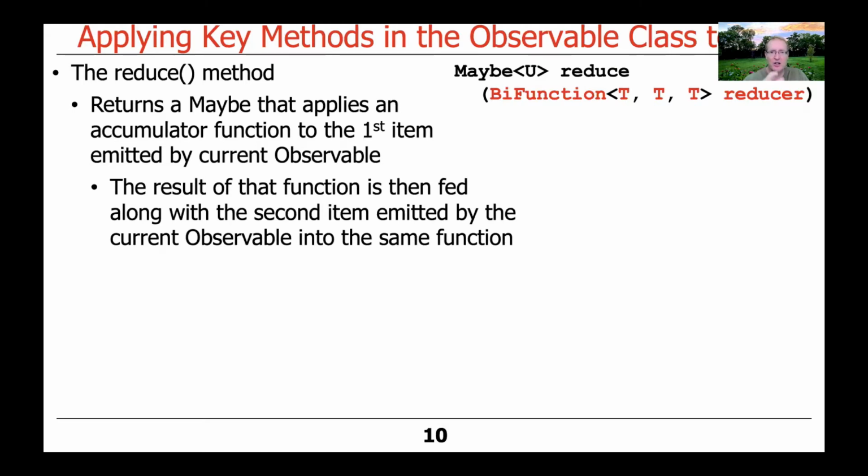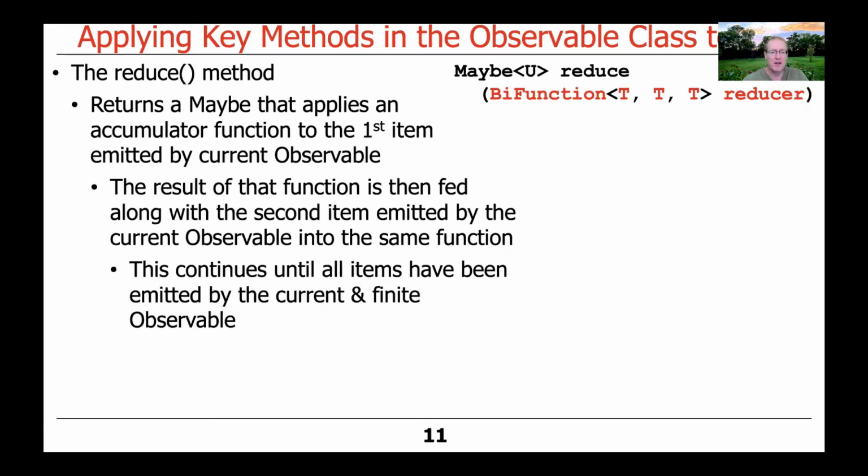So what we're basically doing is pairwise operations on elements in our stream of values emitted by the observable. And this pairwise evaluation will continue until all the items have been emitted by the current and, by necessity, finite observable.